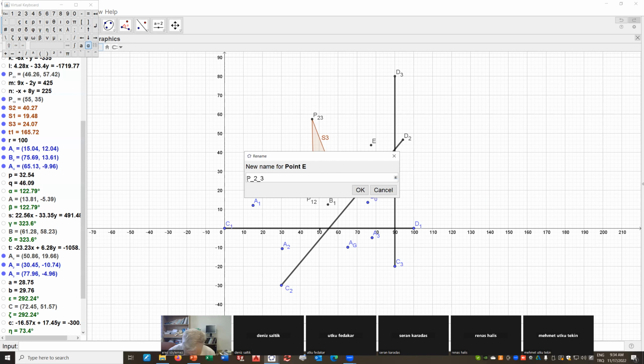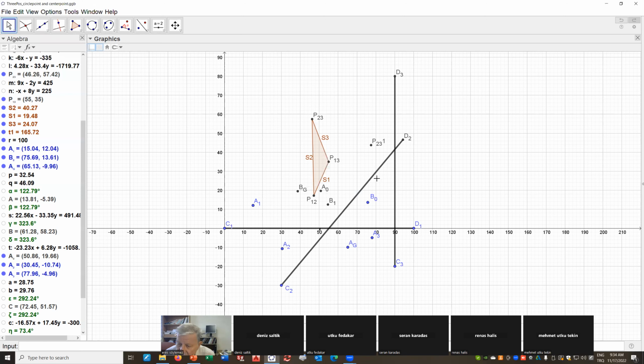P231. The image pole triangle is going to be this.